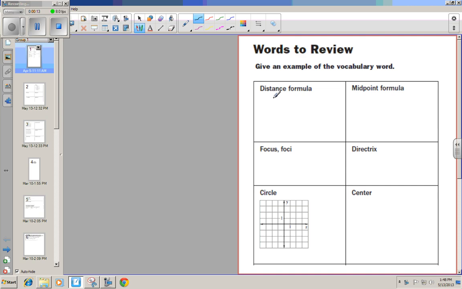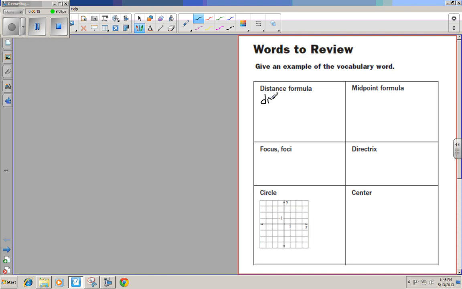The distance formula, basically an example of this, or the vocabulary word itself, is the distance from point A to point B. So you have an x1 and a y1, and you have an x2 and a y2.